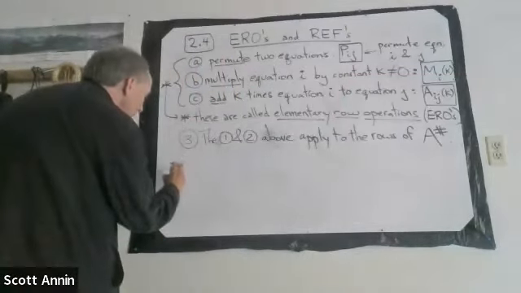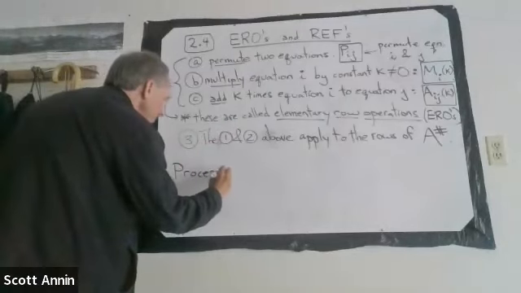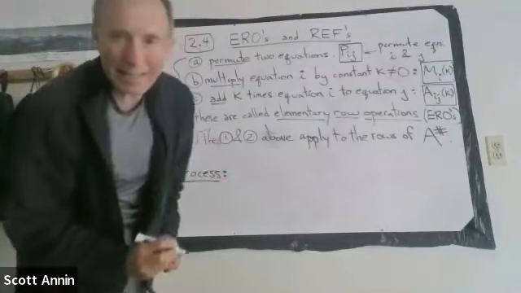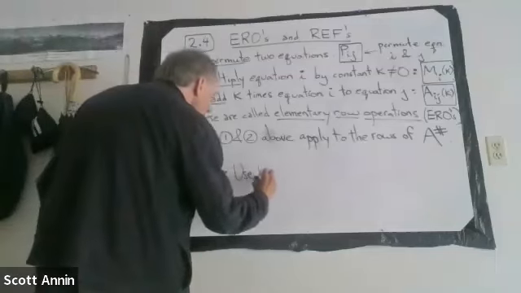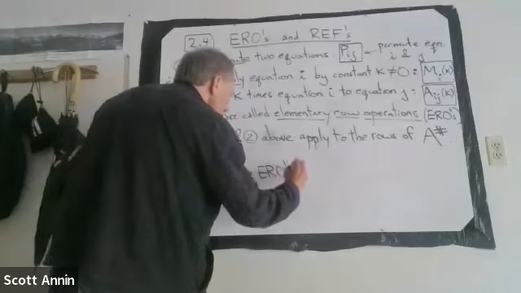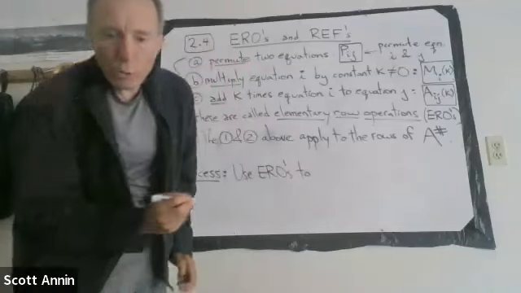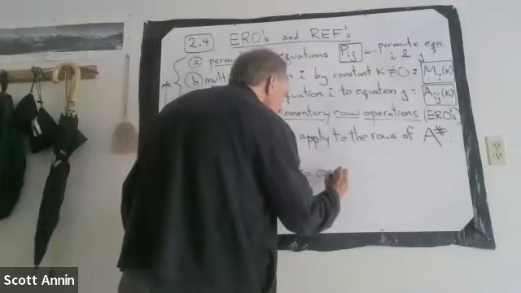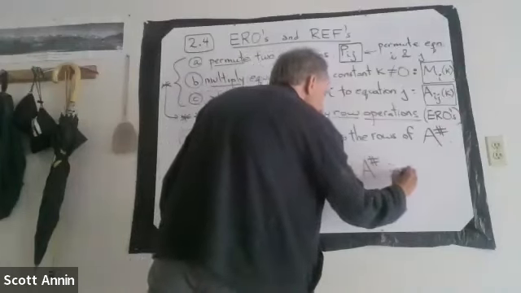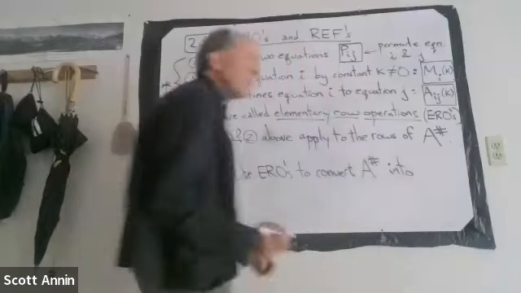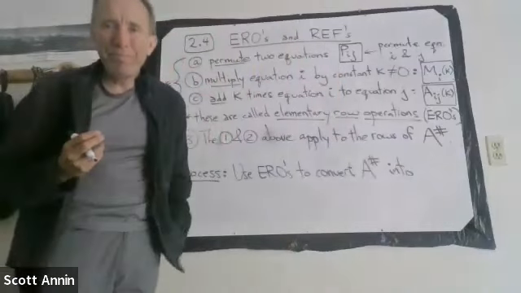So the process that we're going to use, here's the process, guys. This is what we're going to be practicing: we are going to use EROs to hopefully convert A sharp into, now I was talking about triangular form.